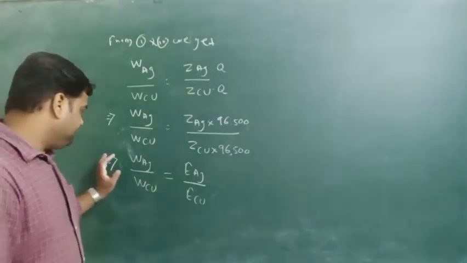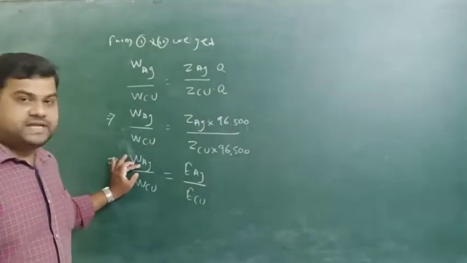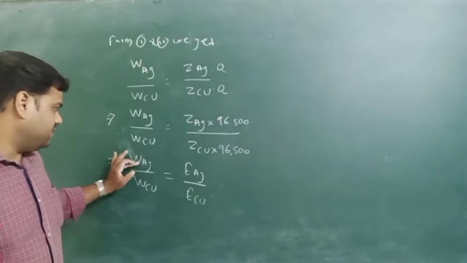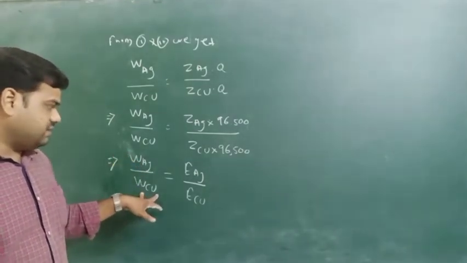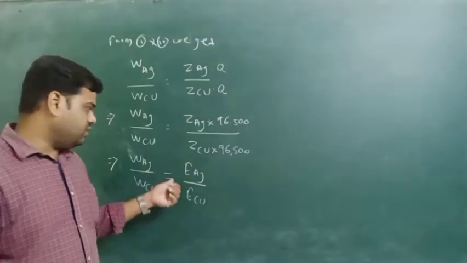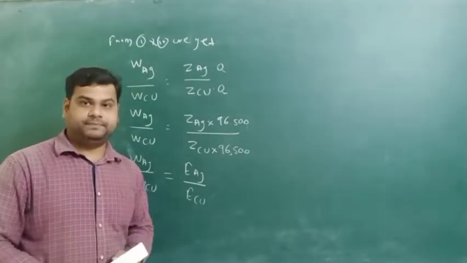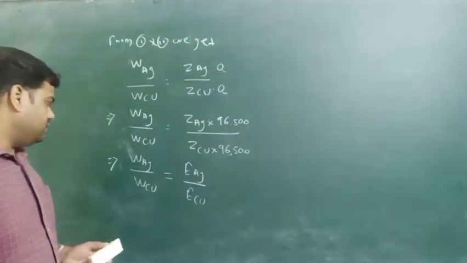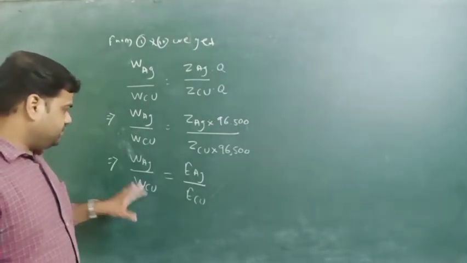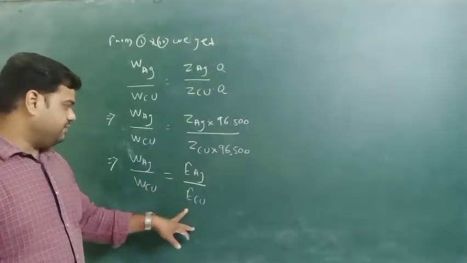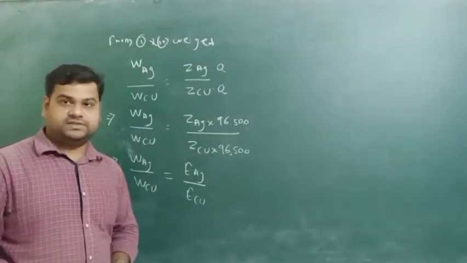So we got that the ratio of the mass of silver liberated or deposited and the mass of copper is equal to the ratio of the equivalent masses of silver and copper. So in the first law we get W_Ag by W_Cu equals E_Ag by E_Cu, meaning the weight ratio of the substances is equal to the ratio of equivalent masses.